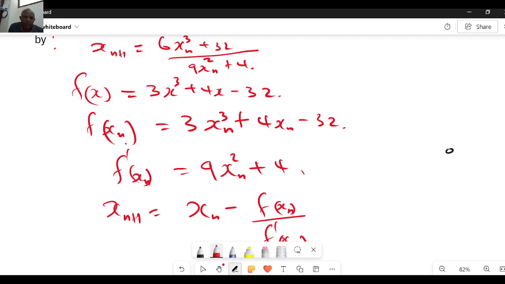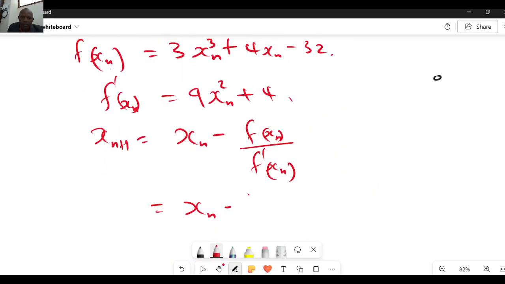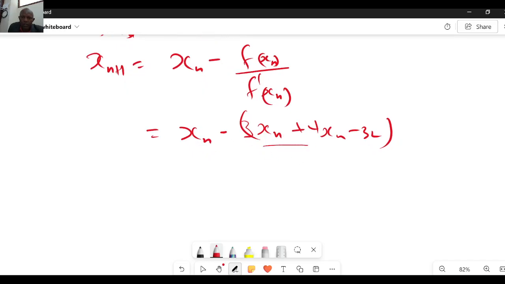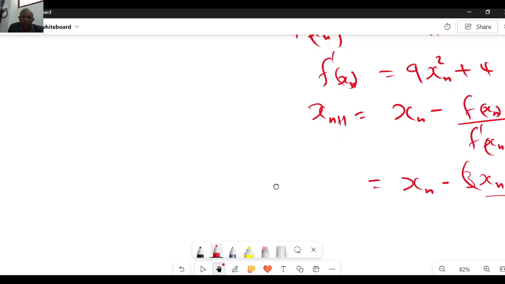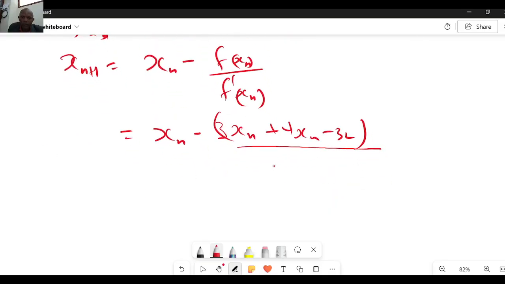It is here: 3xn³ plus 4xn minus 32, divided by the derivative, which was 9xn² plus 4.